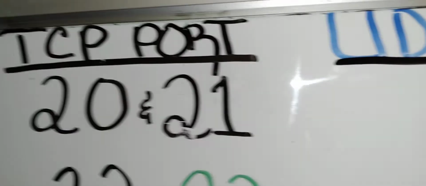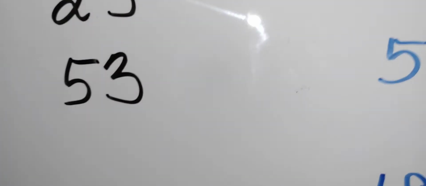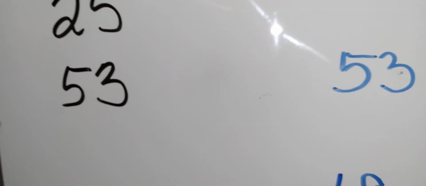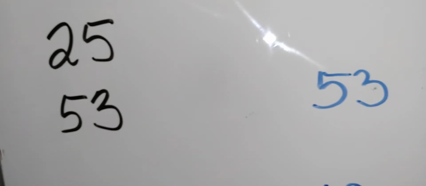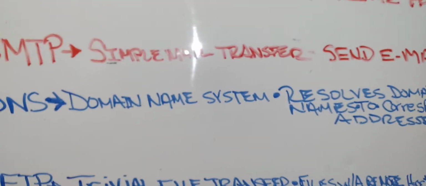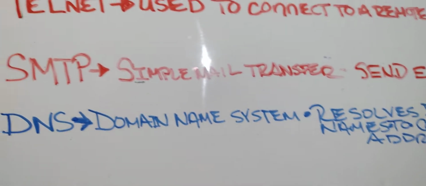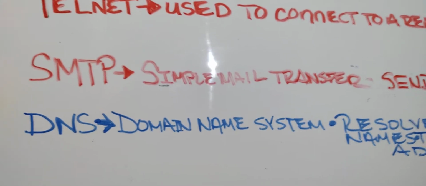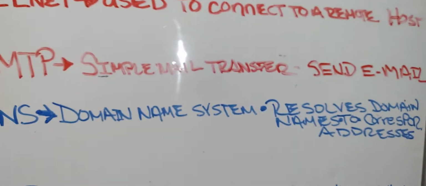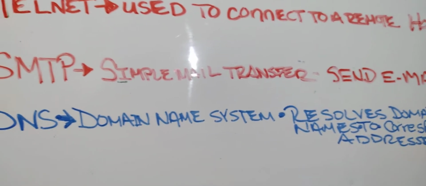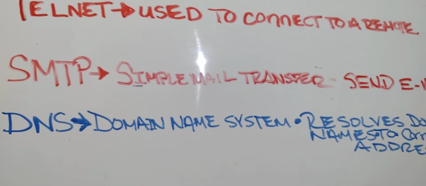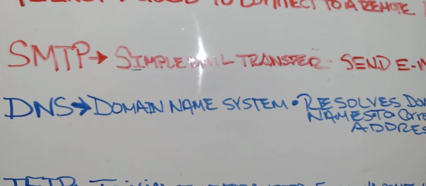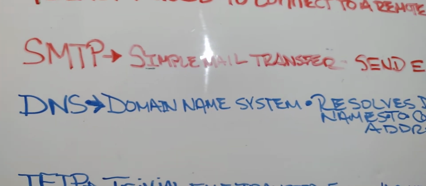Next TCP port is 53, Domain Name System. The Domain Name System allows users to use names to refer to computers, with DNS being used to find the corresponding IP addresses. So you won't have to memorize all the numbers.